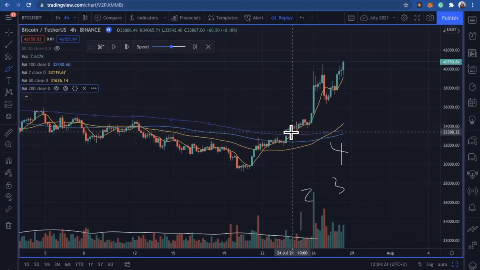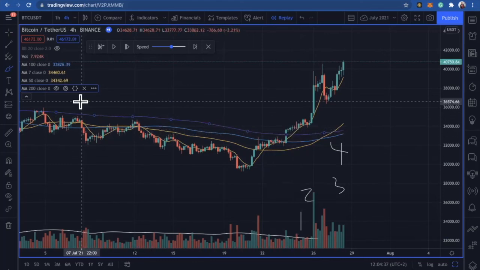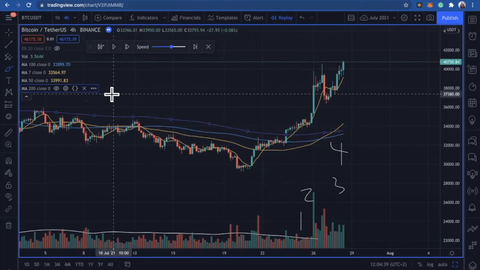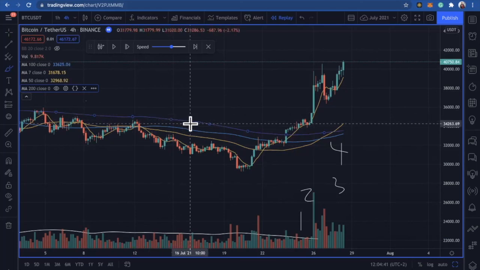So you would feel very comfortable getting in with a bigger amount, because you have so many confirmations. And afterwards, you will start deleting some of your moving averages, because you tend to notice that the 50-day works better for you, or the 100-day or the 200-day.